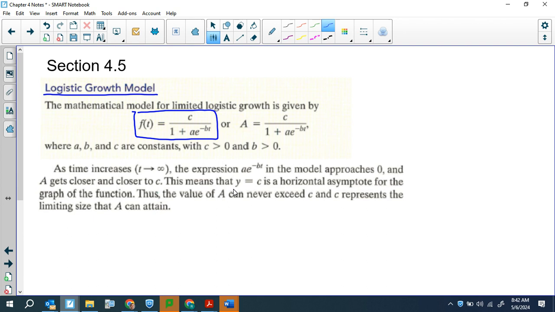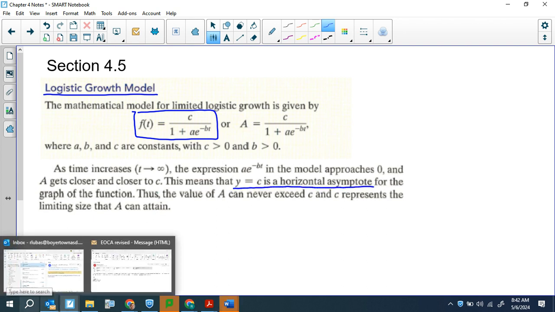So what I would write if I were you, I'd write c equals the horizontal asymptote. So those graphs are going to kind of level out to the c value. And so the value of a can never exceed the c.